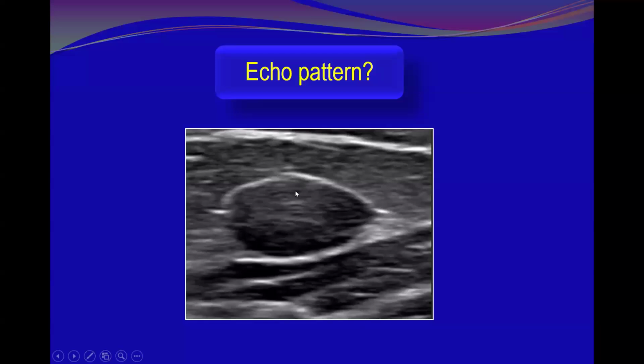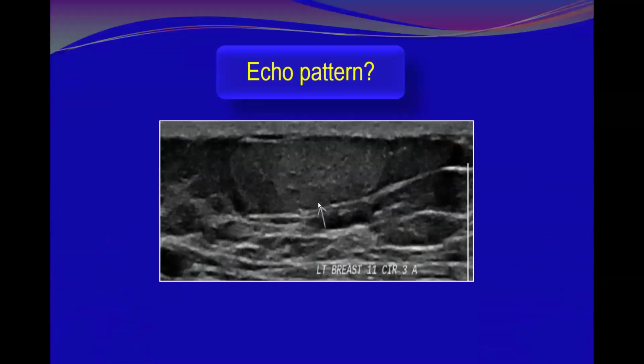No. Look, it is iso. Apart from this pseudocapsule, you cannot separate it from the adjacent fatty tissue. It is iso. What is the echo pattern here? Hyperechoic. Who said hyper? Excellent. Well done. Amazing.